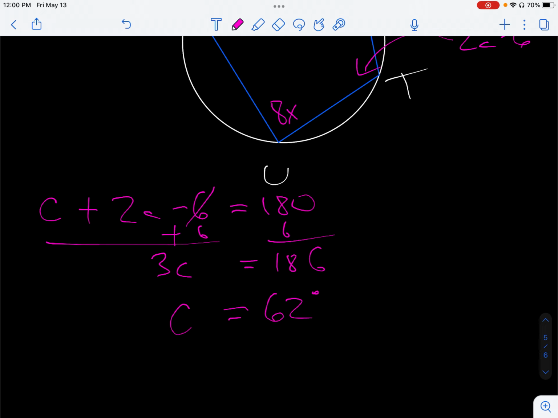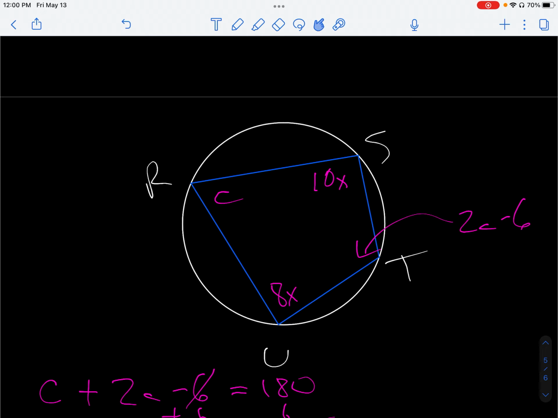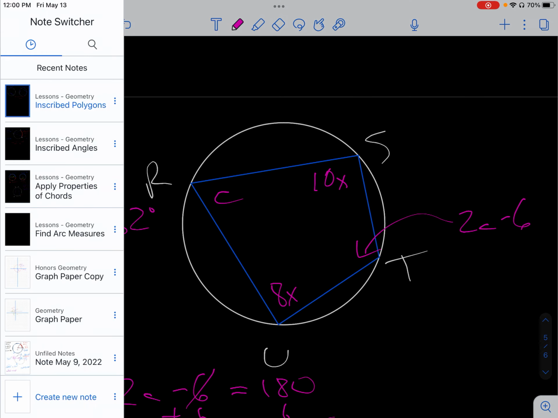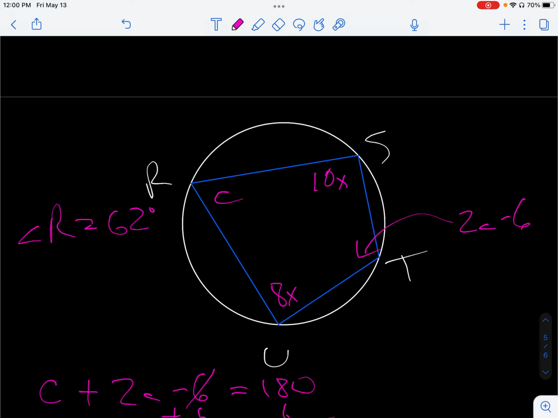Coming back up here, we know C equals 62. So the measure of angle R equals 62 degrees, and the measure of angle T will be 62 times 2, which is 124, minus 6, or 118 degrees. 62 plus 118 equals 180.